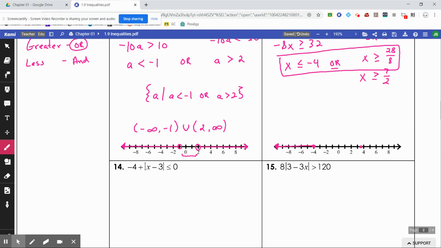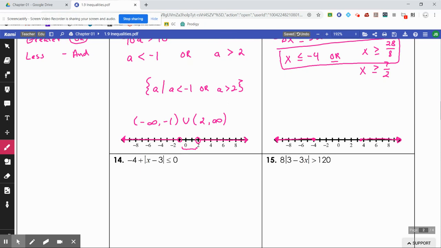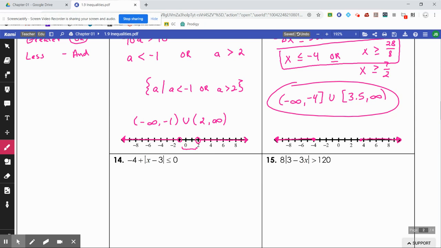So any value greater than or equal to 3.5. So that is all values from negative infinity up to negative 4, including negative 4, or any value from including 3.5 to positive infinity. There's your interval notation.